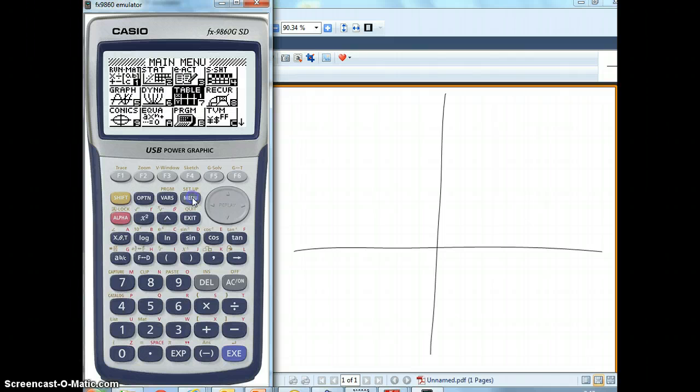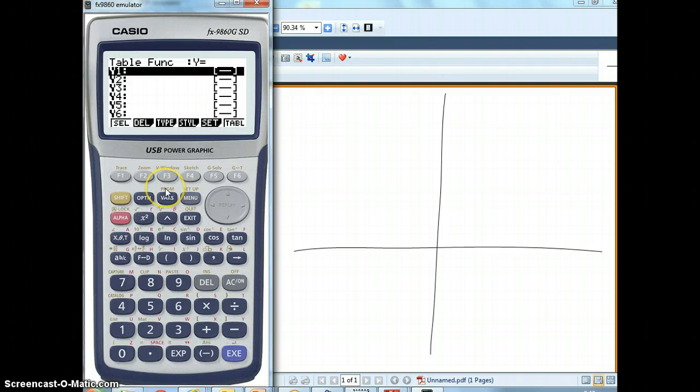If I go to menu, table, type in that equation, y equals 0.5 to the power x, like that. Hit execute, and then go up to set.